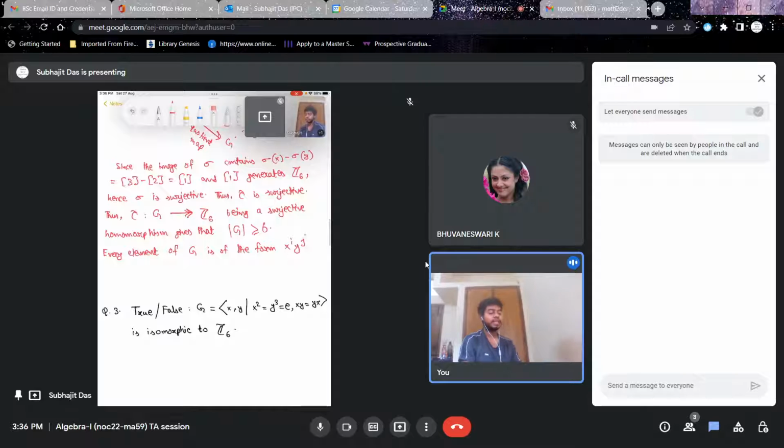Because x squared is identity and y cubed is identity, where 0 ≤ i ≤ 1 and 0 ≤ j ≤ 2, right? Thus we also have how many such elements are possible. Any element is of this form x^i y^j, and i can take two values, 0 and 1, and j can take three values, 0, 1 and 2. So we know that G has at most 2 times 3, which is 6 elements, right?